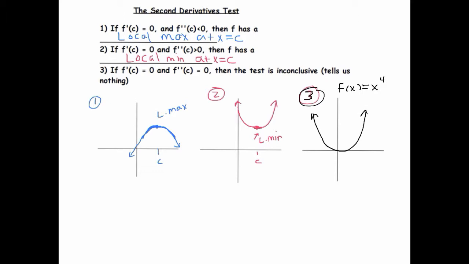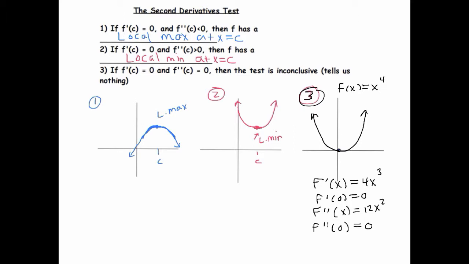We know we have a min there, right? But the first derivative is 4x cubed, and f prime at 0 is 0. However, the second derivative is 12x squared, and the second derivative is 0, and we have a min.